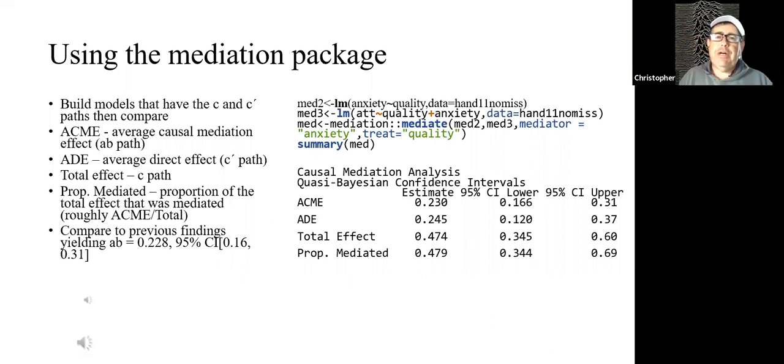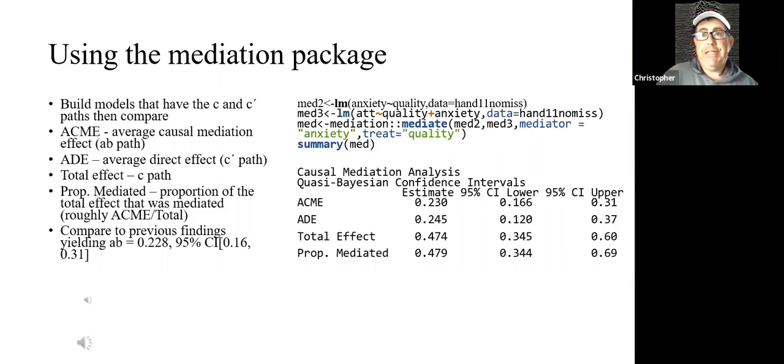In order to use this package, we have to build our own models, basically a model that predicts anxiety from quality, that predicts the mediator from the predictor. That's what I call MED2.